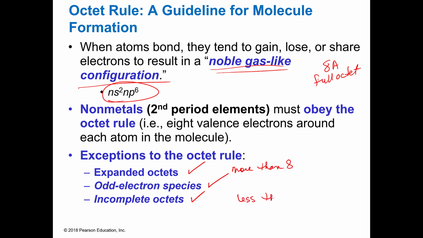Incomplete is less than 8. And odd electron species are things like superoxides and other things that we don't really talk about in here. So we're going to focus primarily on those that follow the octet rule, or violate it by having more than 8 or less than 8.